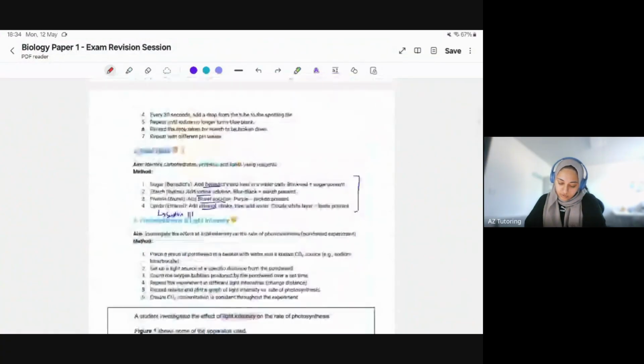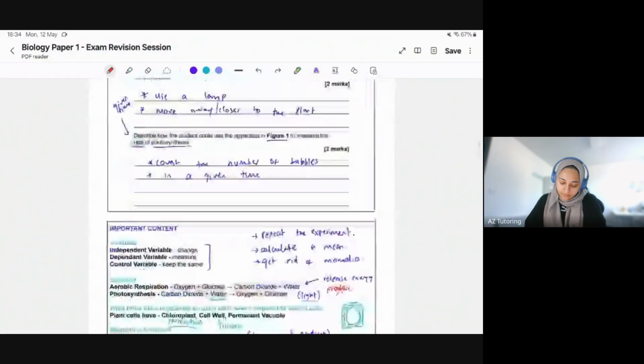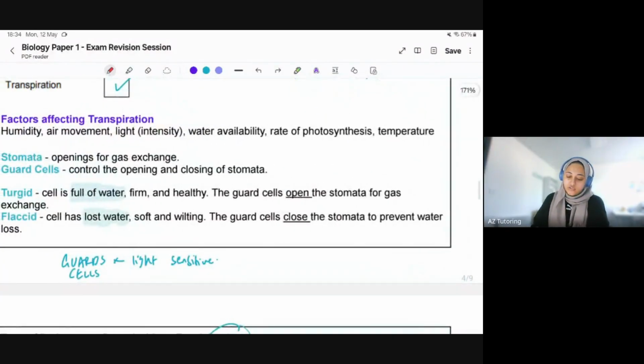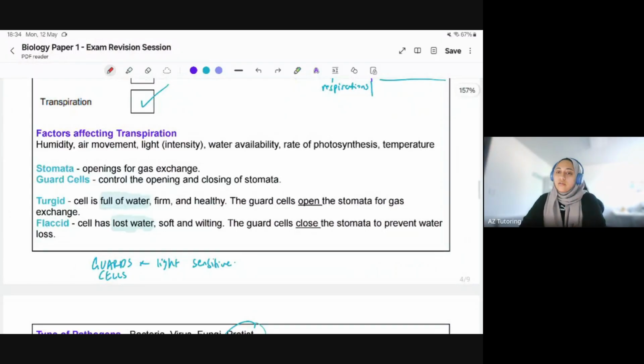I'm sure I had it somewhere here. Yep, so factors affecting transpiration. It's these ones here. So water essentially leaving the plant is what transpiration is, the leaf in particular, because that's where photosynthesis happens.